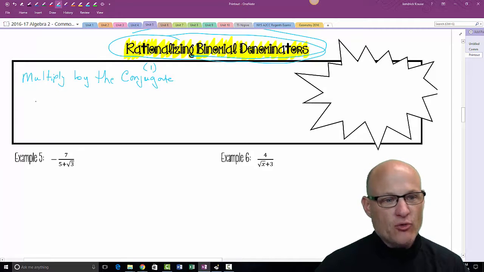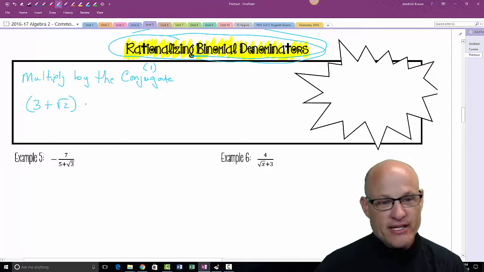If I gave you 3 plus the square root of 2 as a binomial, its conjugate would be 3 minus the square root of 2. Notice the only difference is the sign in the middle.